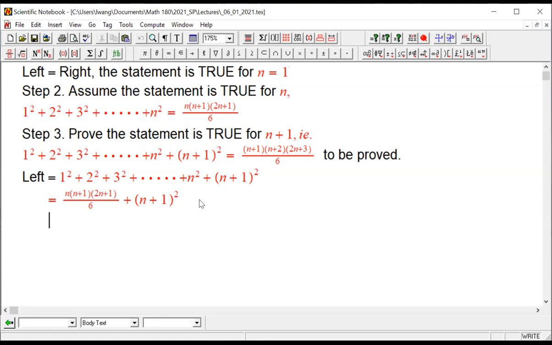We know the direction we're heading. We want to prove this is going to be true. We're eventually going to get there. But you have to manipulate this algebraic expression so that we end up there. I'm going to give you a couple minutes to work on this algebraic operation.